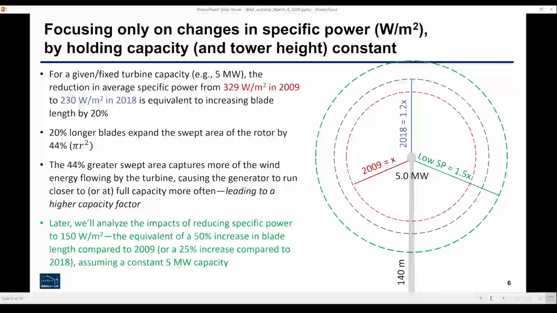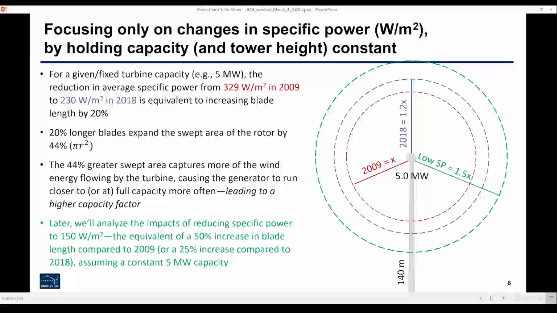And again, due to the pi r squared formula, this 20% increase in blade length expands the swept area of the rotor by 44%. This 44% greater swept area in turn captures more of the energy in the wind passing by the turbine at any given moment, causing the generator to run closer to or at full capacity more often.